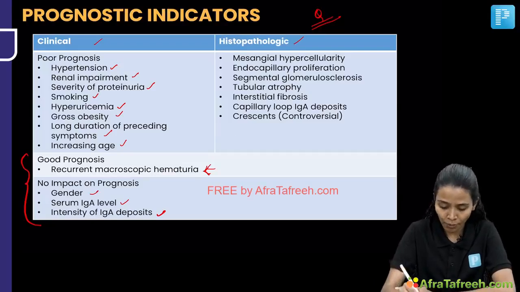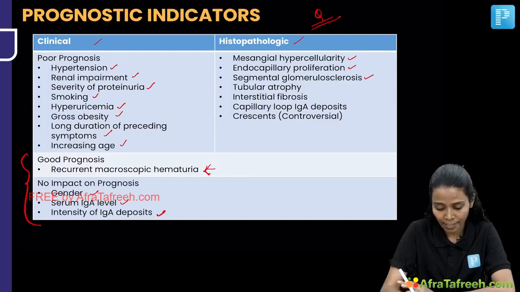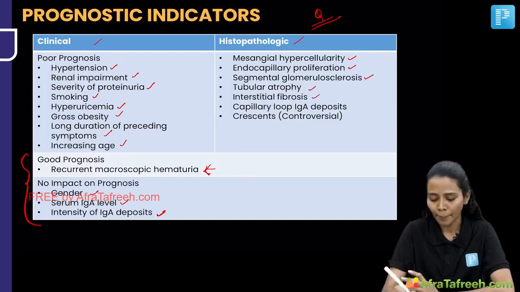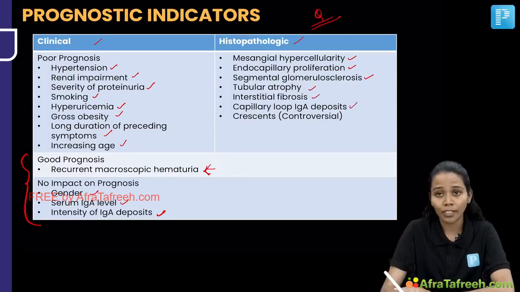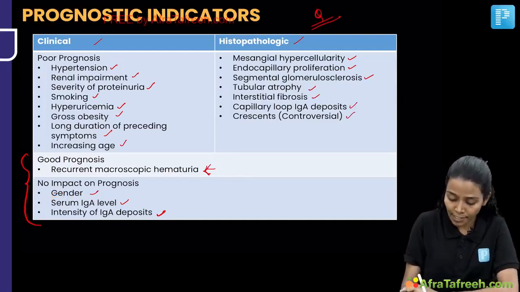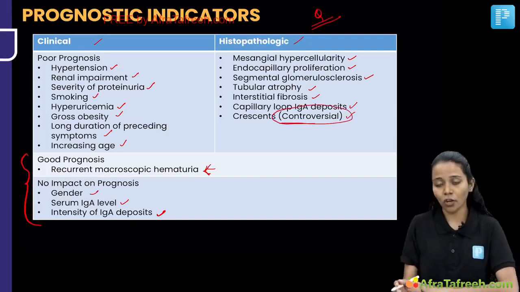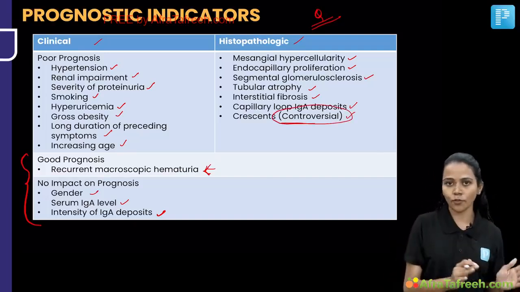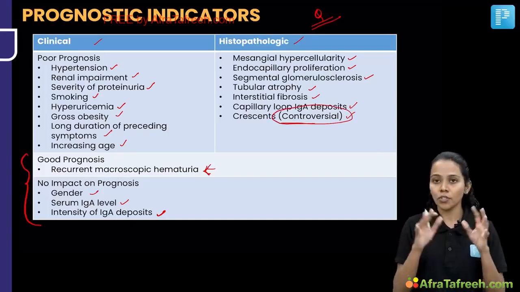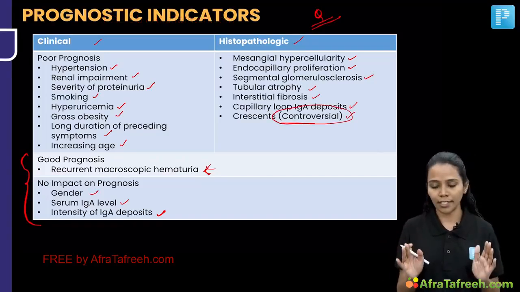And coming to histopathologic, mesangial hypercellularity, endocapillary proliferation, tubular atrophy, sclerosis, interstitial fibrosis. So this is nothing but MEST. Again, capillary loop IgA deposits, which is indicating vasculitis, and crescents. But crescents is controversial. Okay, it's not very much proven that the presence of crescents is harmful. So these are very important prognostic indicators.